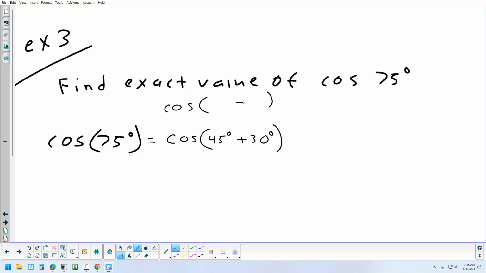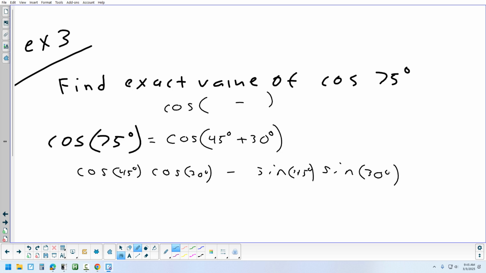Right, but I'm going to do it as a sum. So cosine, cosine, sine, sine, and now what's going to go between them? Yeah, a minus, and then we fill in 45, 30, 45, 30, and we've already done all of those problems earlier today.